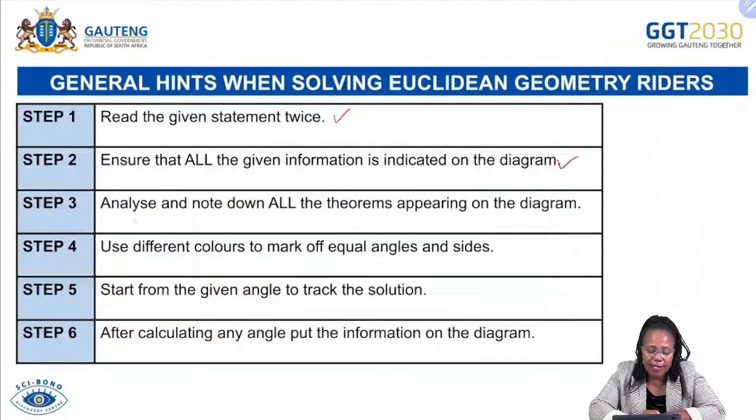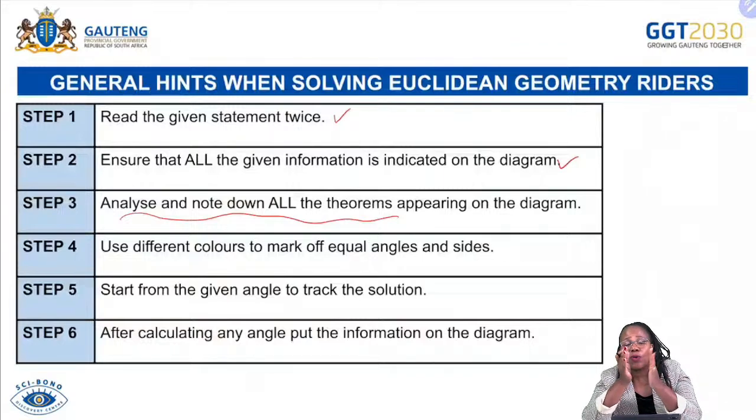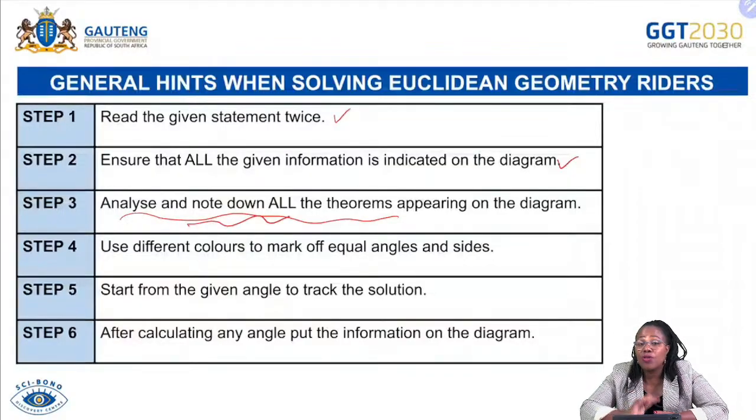And then analyze and note down all theorems. As we have classified them, the first thing you check is, is there any center? Then you check the center theorems that are applicable. Is there any cyclic quad? You check the cyclic quad theorems. Is there any tangent? Then you note down all the theorems that you see on that particular rider.